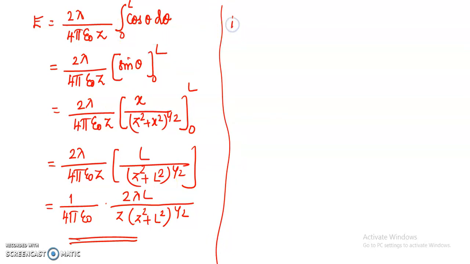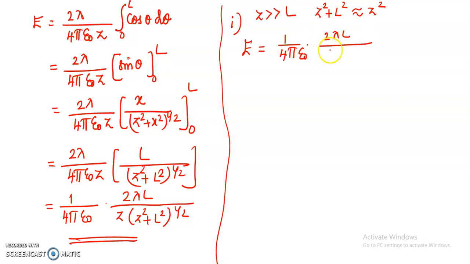The first one is z very much greater than L. When z is very much greater than L, we get z square plus L square approximately equal to z square. We can neglect the L square in the denominator. So the equation for electric field changes to E equals 1 by 4 pi epsilon 0 into 2 lambda L divided by z into (z square) whole raised to half, that is z square.